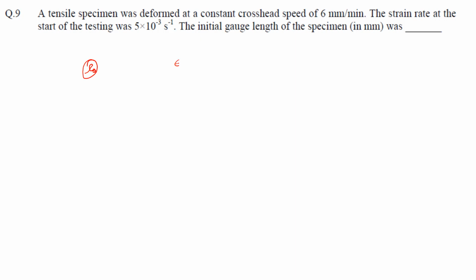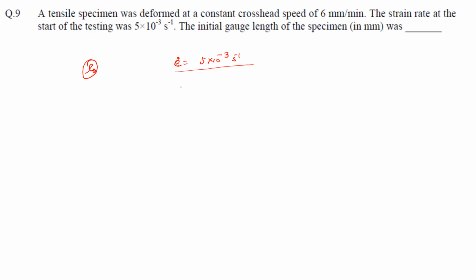And the strain rate here is 5 into 10 power minus 3 per second. All are given as engineering strain rate, because it does not talk about the true strain. So that means it is an engineering strain rate.